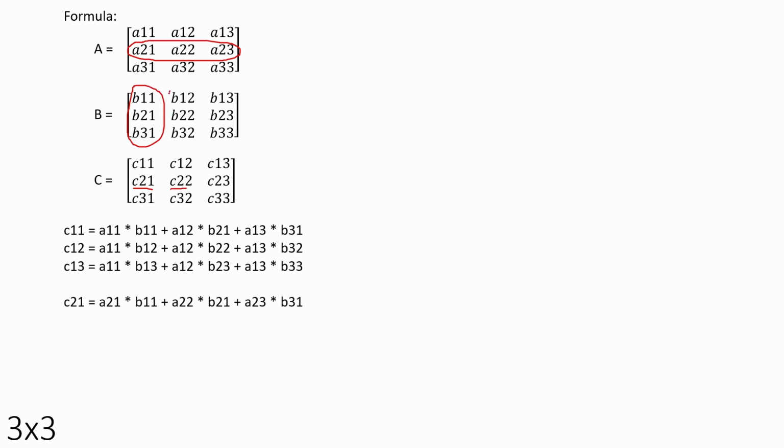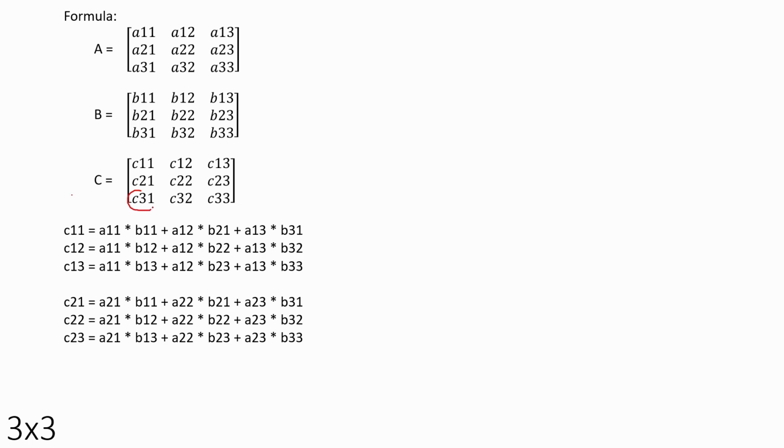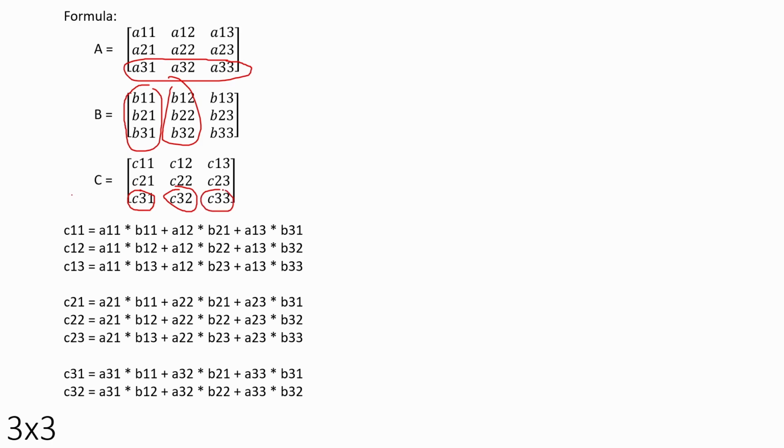For C22, just change into this column, and for C23 just change into this column. For C31, we move into the third row, and same, times this column. For C32, times this column. For C33, times this column. That's the formula to do multiplication between 3 by 3 matrices.